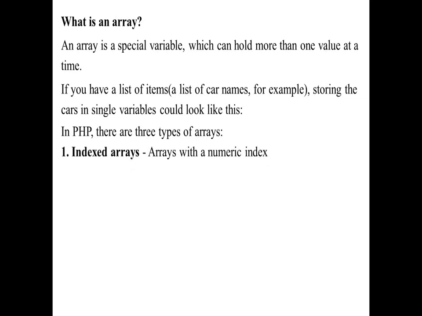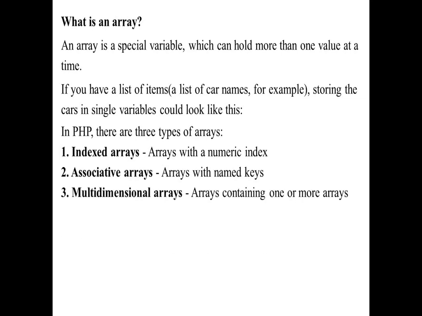In PHP there are three types of arrays: indexed arrays, arrays with a numeric index; associative arrays, arrays with named keys; and the third one is the multi-dimensional array. We'll see all in detail.